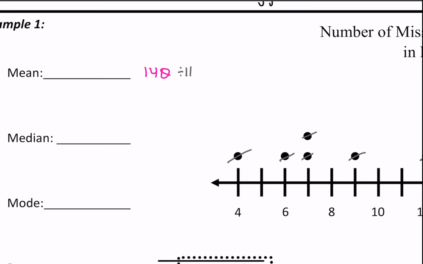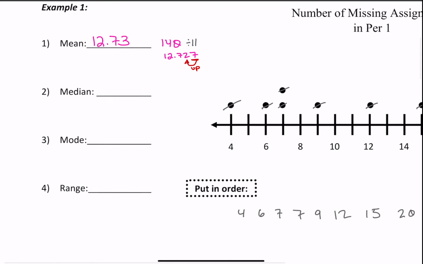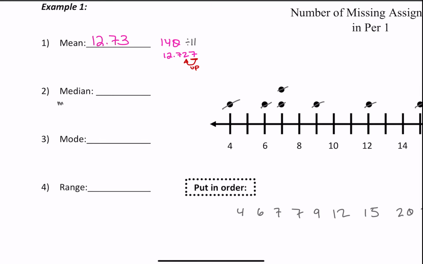And we'll do mean in pink today. And when I do this, I get a pretty big decimal. So I'm going to have 12.727. And just like yesterday, I look at that last number to tell me if I round. And since that 7 is 5 or more, that 2 turns into a 3. So I have 12.73 for my mean.